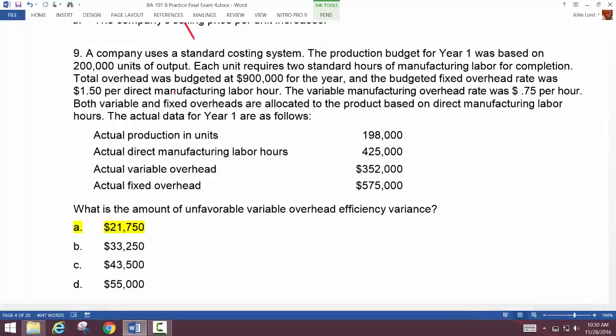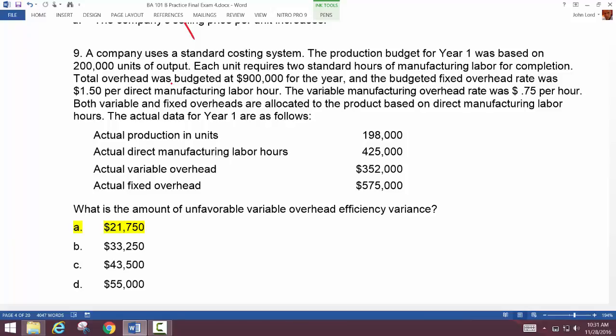All right, okay, good. Let's take a look at this one. The production budget for year 1 is based on 200,000 units of output. Each unit requires 2 standard hours of manufacturing labor for completion. Total overhead was budgeted at 900,000.